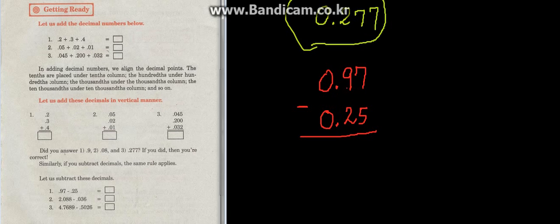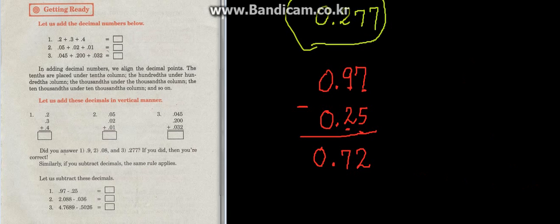So now you have the tenths in the tenths place, and the hundredths in the hundredths column. So now let's do the subtraction. So 7 minus 5 is 2. 9 minus 2 is 7. Then place the decimal point and the 0. So the answer is 72 hundredths.